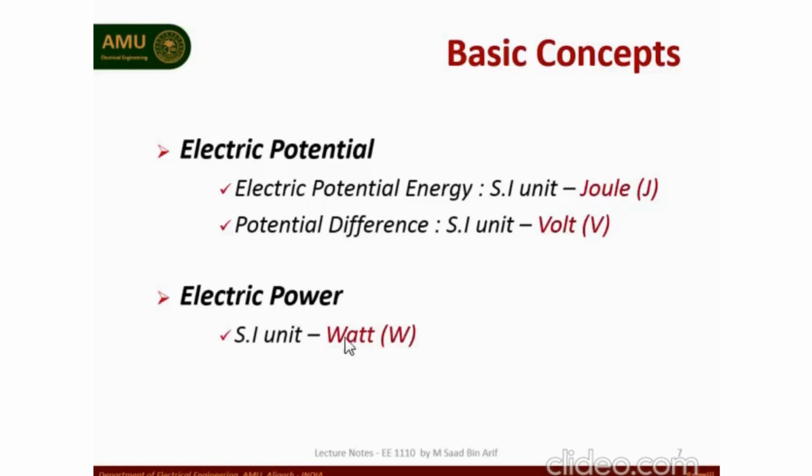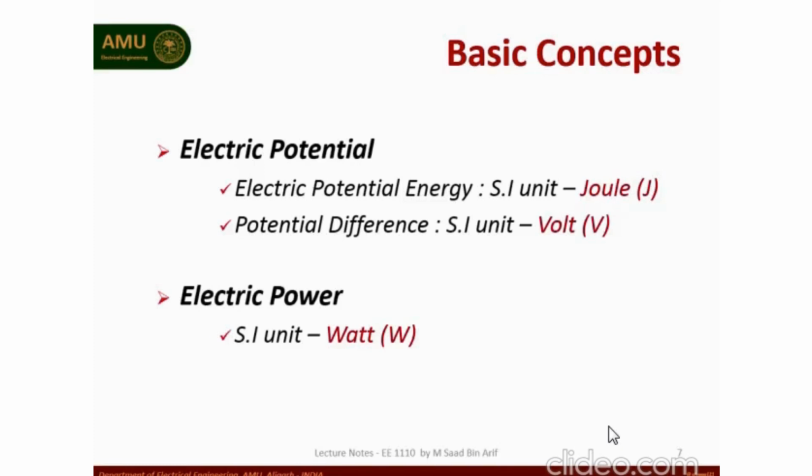By definition, electric power is the time rate of change of electrical energy. We know that electrical energy is charge into voltage, that is QV. So electrical power is nothing but QV per unit time, that is QV upon time.